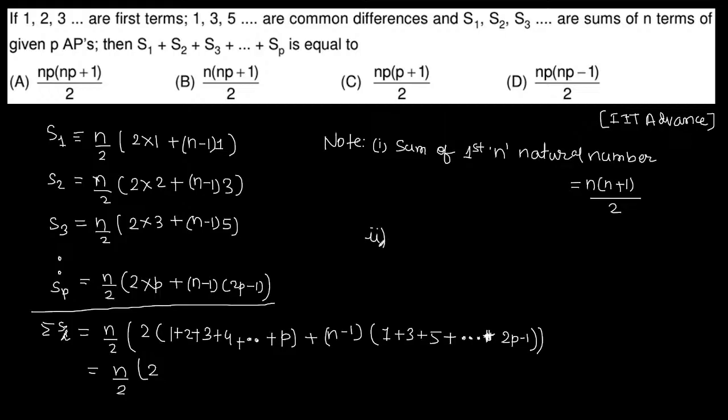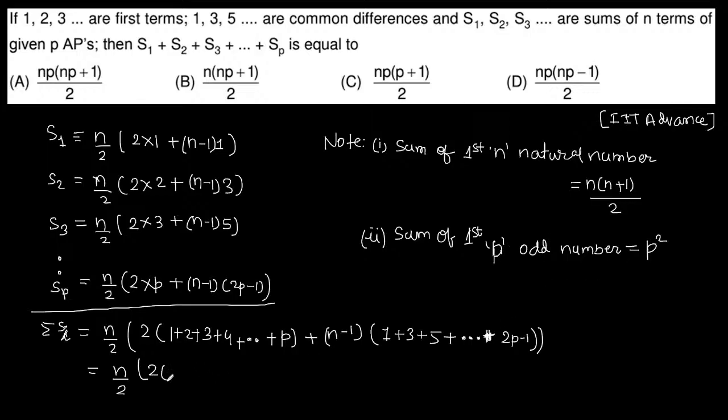Second, the sum of the first n odd numbers is n square.